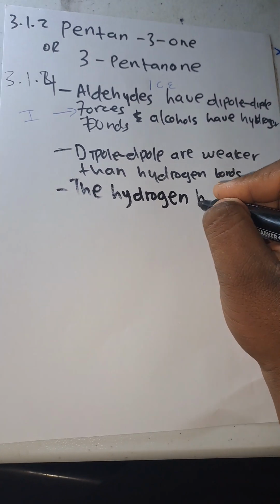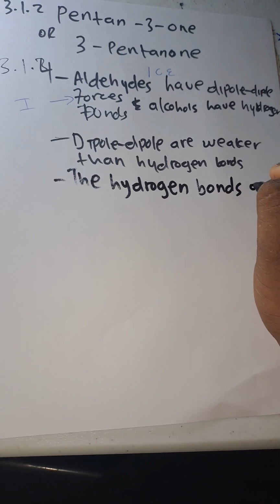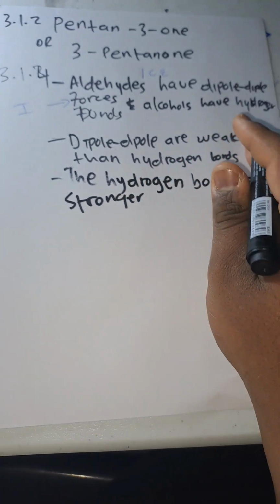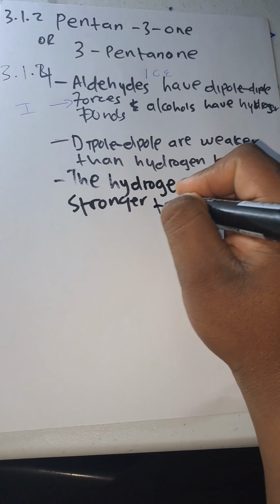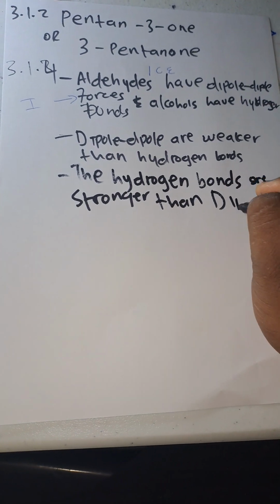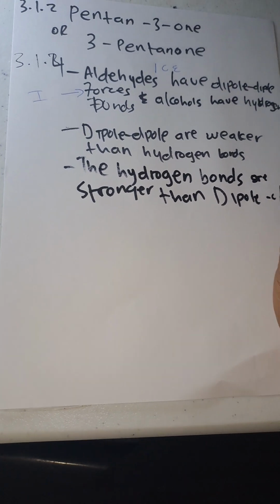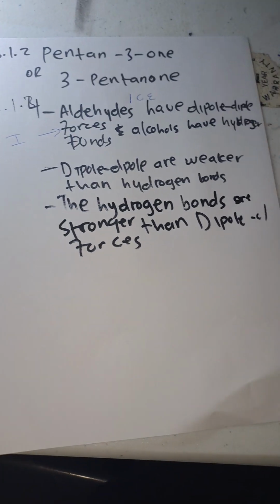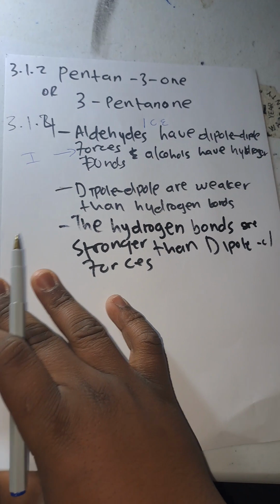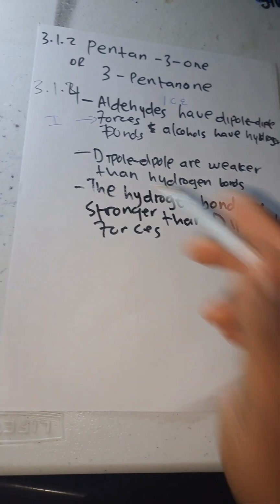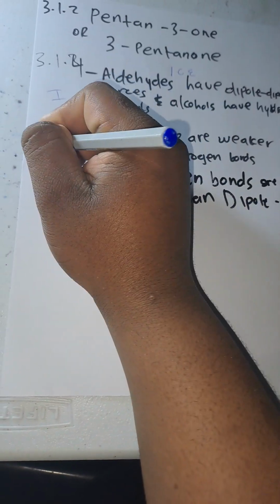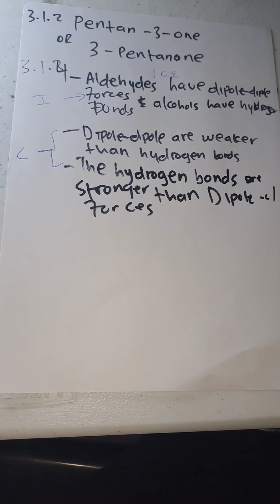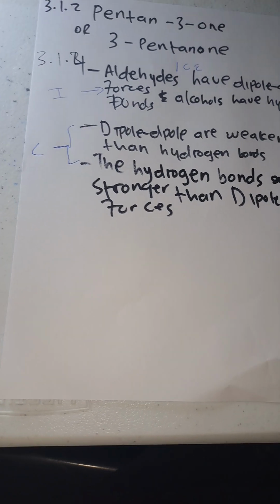So the hydrogen bonds are stronger than dipole forces. Is it fine there? Now, on the second step there, what did we do? We compared. Now, let's go to the last one, when we are going to be talking about energy.